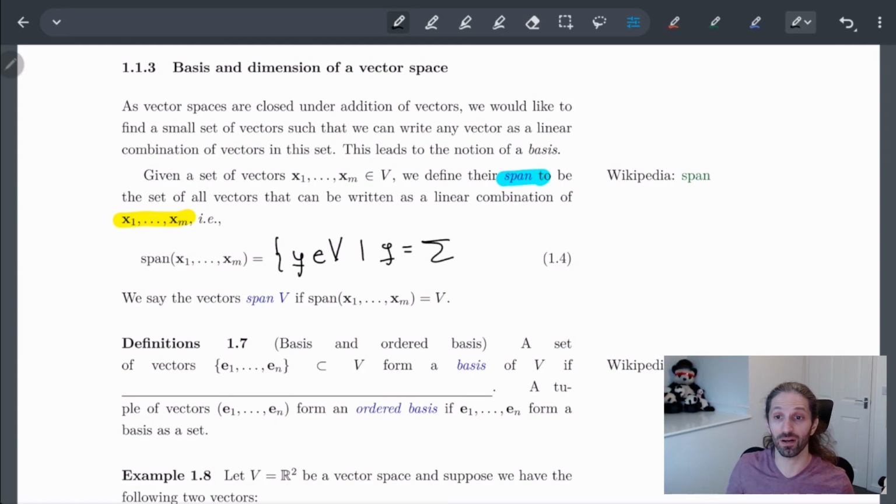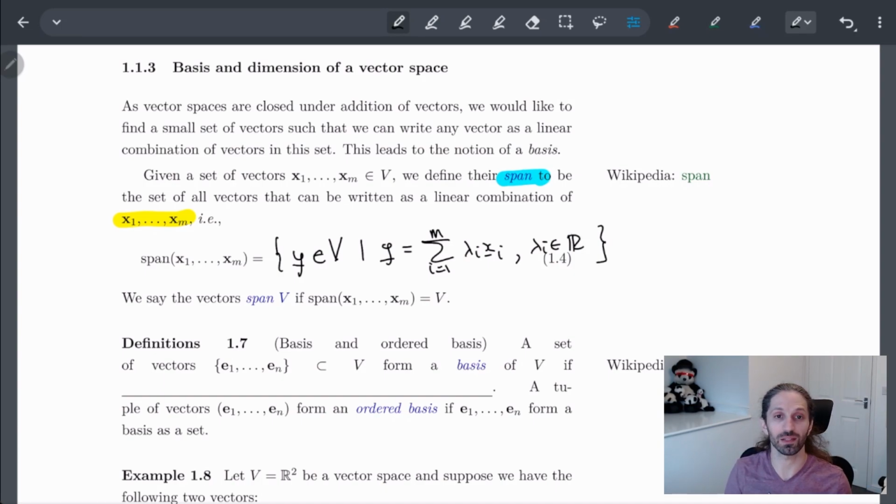We have M of these vectors, so the set is size M, so i from 1 to M, of lambda_i x_i. And here we're just going to make sure that lambda_i is in R. Sorry, just R. It's just some real numbers.